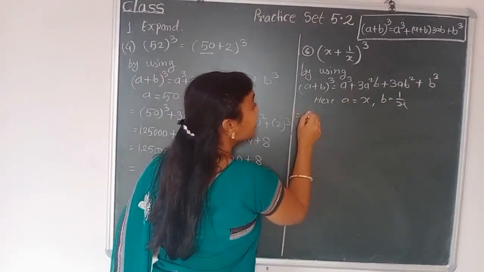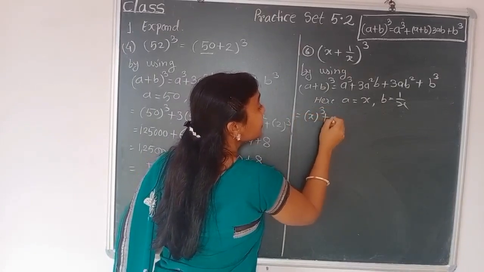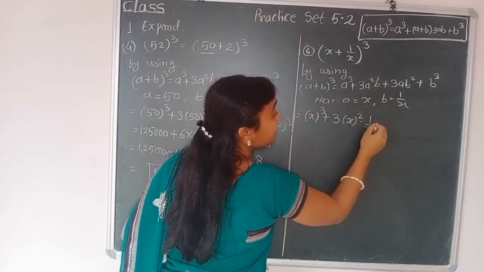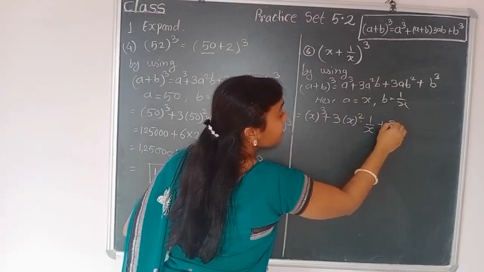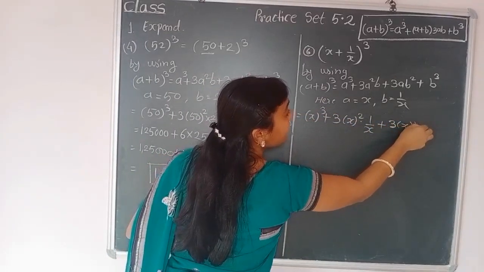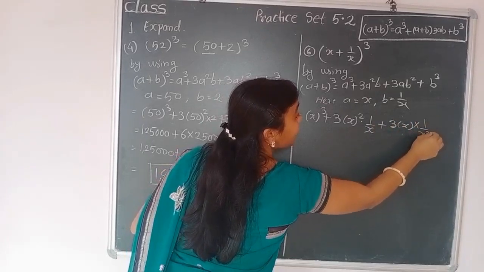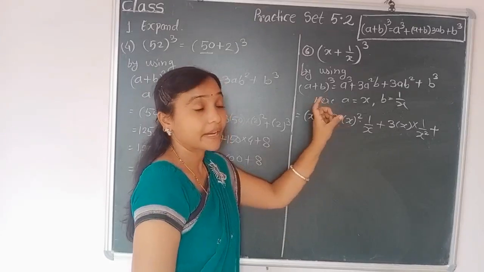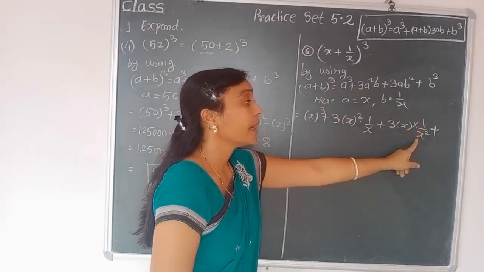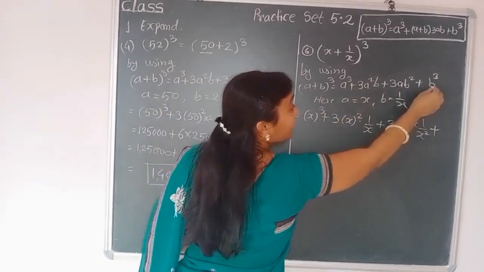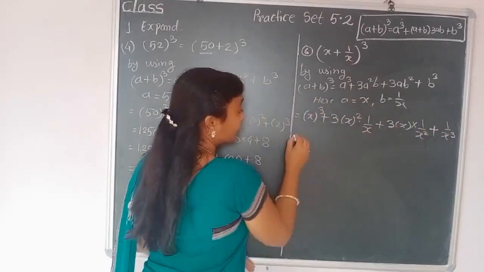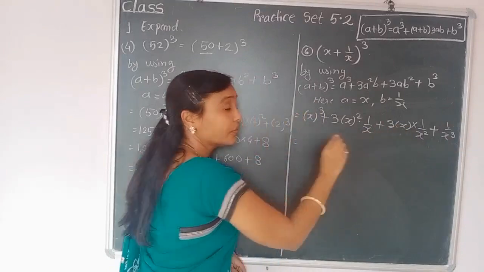Then put the values: x cube plus 3 x square into 1 by x, plus 3 into x into (1 by x) square, because this is (1 by x) bracket square, 1 square is 1 and x square is x square, plus b cube means (1 by x) cube, because 1 cube is 1.